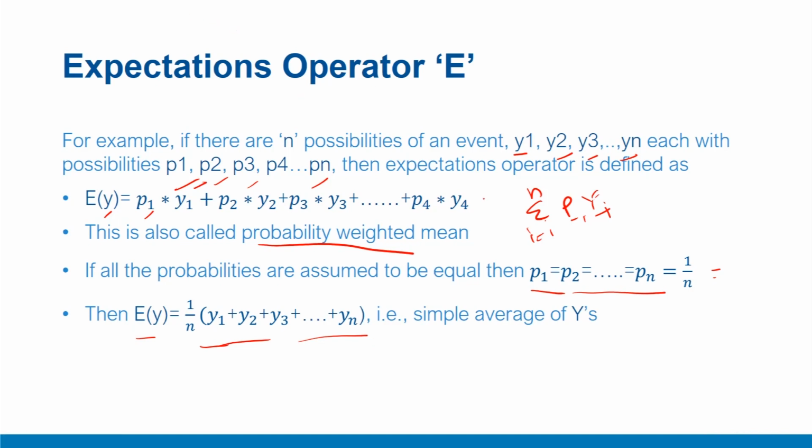To summarize, in this video, we discussed the role of the expectations operator for random probabilistic or stochastic variables like the error term or dependent variable. We noted that expectations are nothing but the probability weighted mean of variables. In case we do not have any a priori probability assigned to these outcomes, the expected value is nothing but the simple average of y.